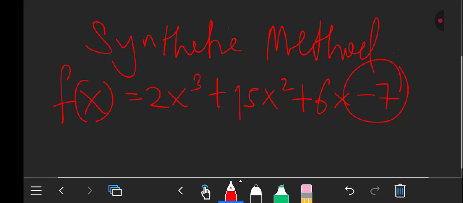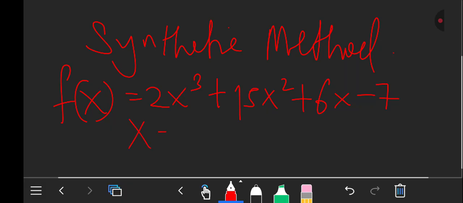If you're able to get that, then use try and error method and you'll be able to get the factor. If you use try and error method, you discover that the value which you can replace on x to get the answer 0 is actually x is equal to -1. So x is equal to -1 will give you the remainder, which is equal to 0.